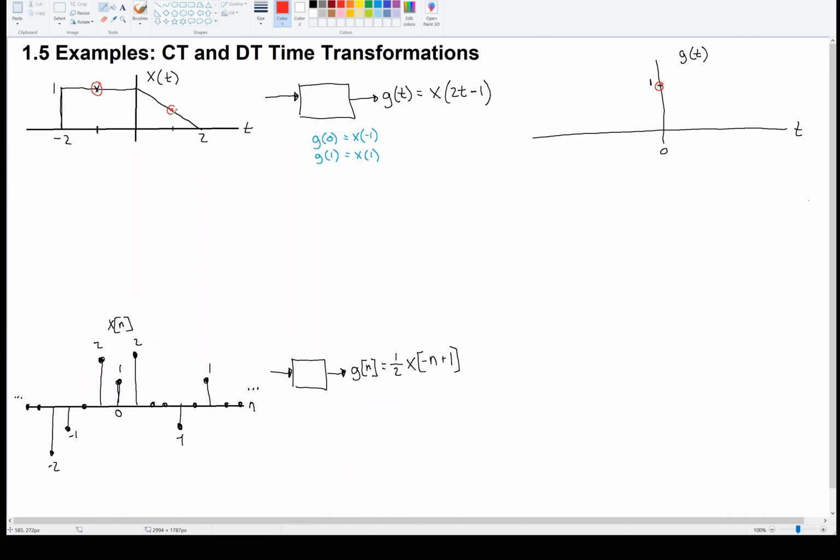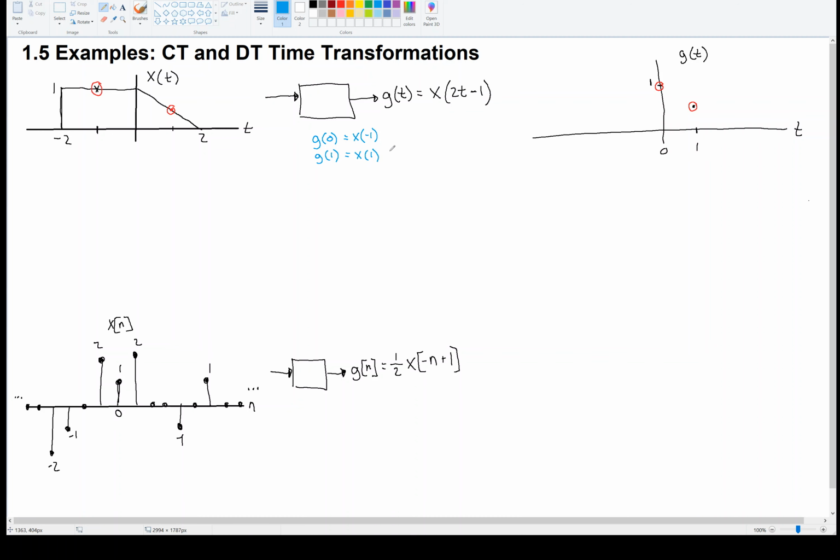So that's g of 1. Here's 1, so that will be 1/2, and that gets mapped to this here. So you might have a decent idea of what's happening.